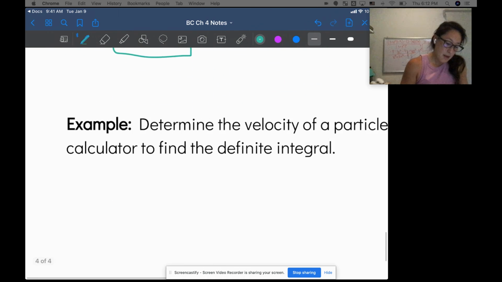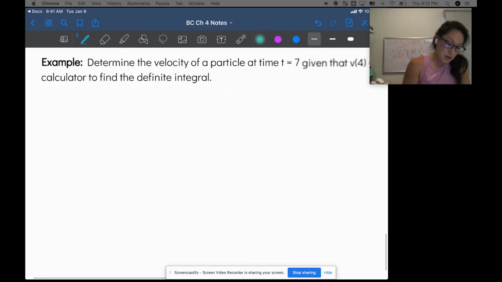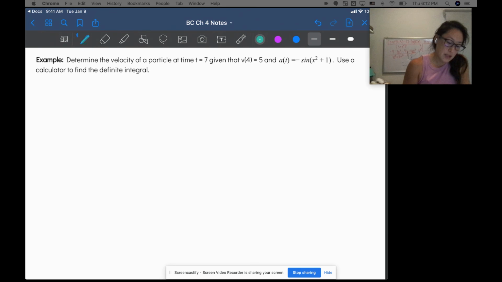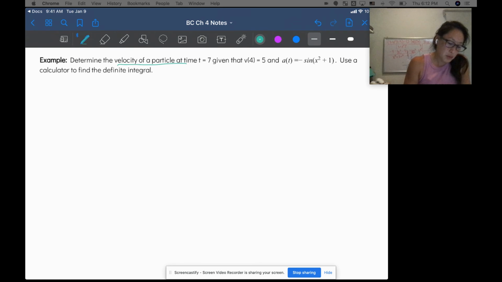All right, last one. So remember, we are to determine the velocity of the particle at time t equal to 7, okay? When v of 4 is equal to 5 and the acceleration is equal to negative sine x squared plus 1. So there's a lot going on here. What I would like to do is use what I know about definite integrals.